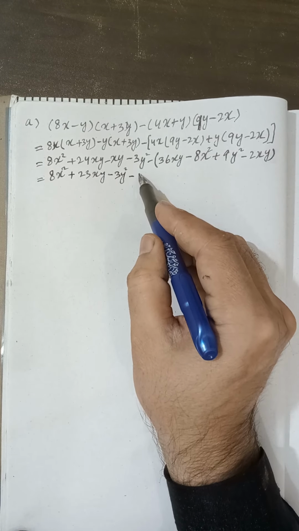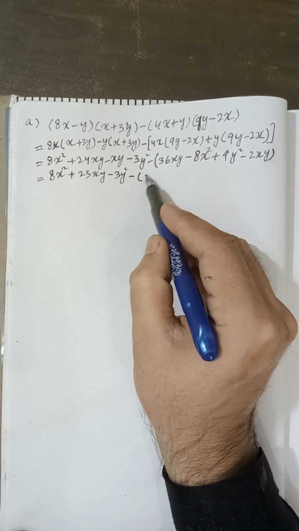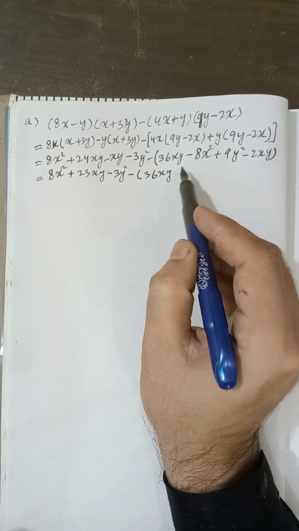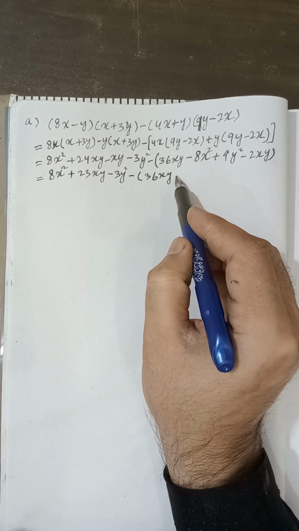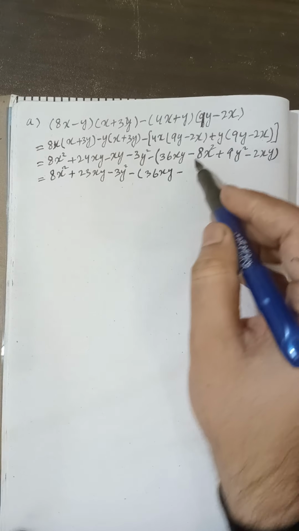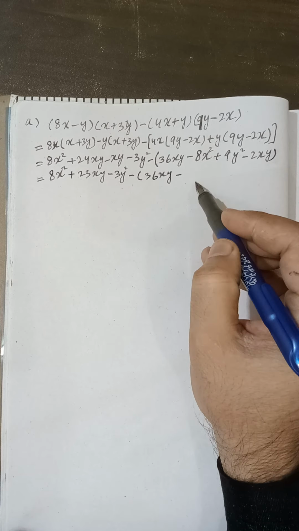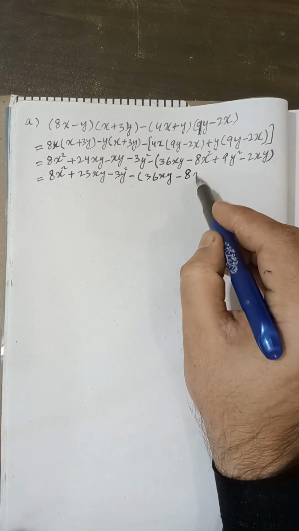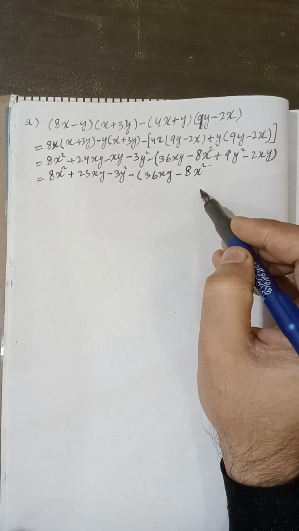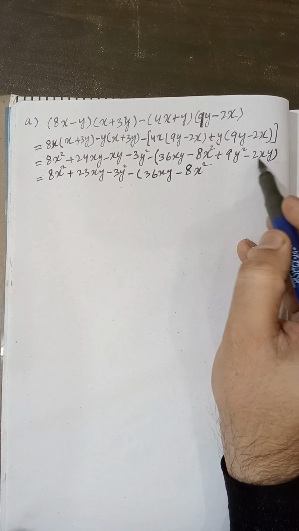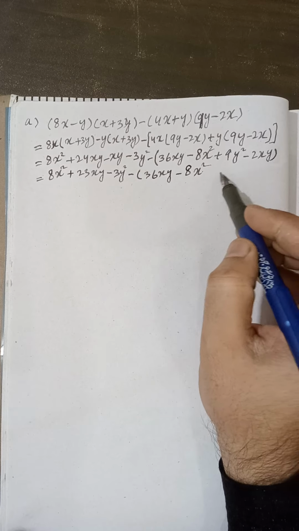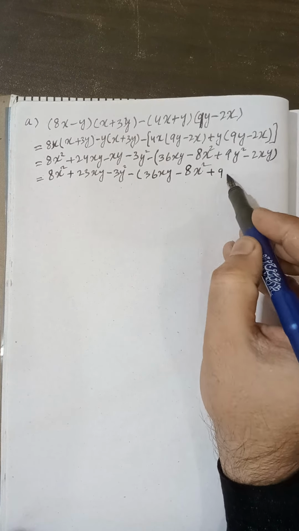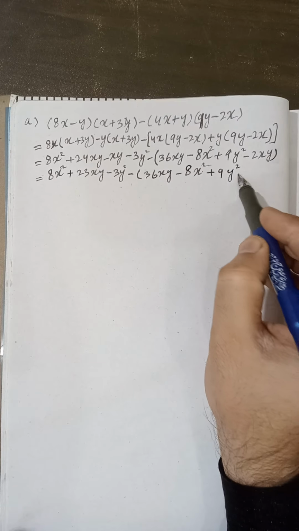Now here 36xy minus 8x square, sorry we should write here minus 2xy as it is a like term, but I have written the same term, sorry for that.